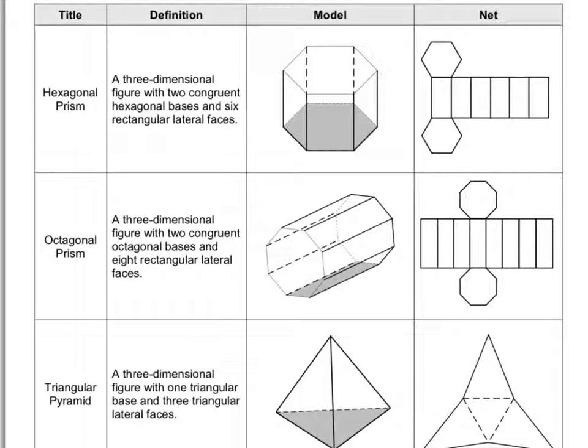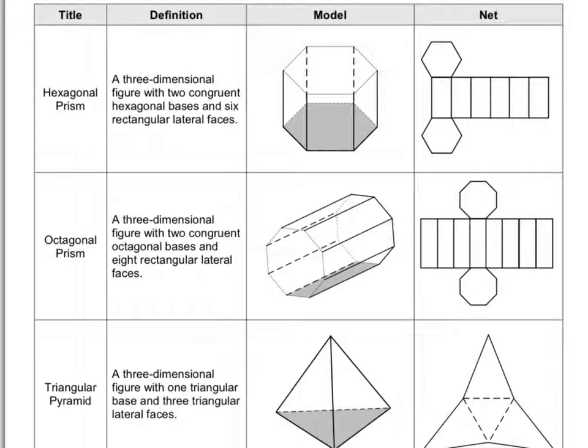Okay, octagonal prism. It's a three-dimensional figure with 2 congruent octagon bases and 8 rectangular lateral faces. So here, octagon, octagon. It also looks like a bingo container.